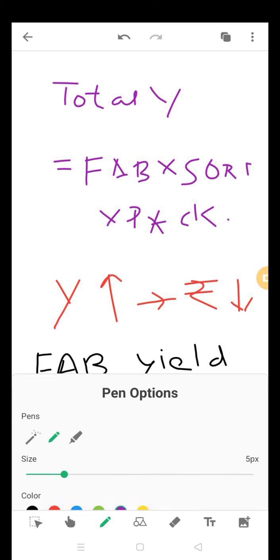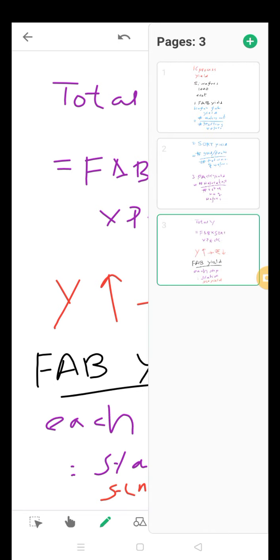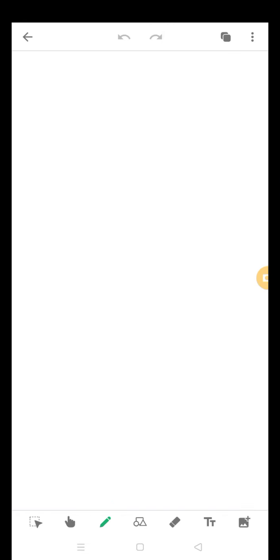So corresponding to each station there will be a station yield. For example, let's say there are 500 steps or 500 stations. So the total yield will be the product of those 500 station yields.